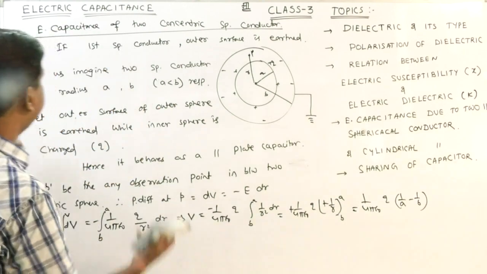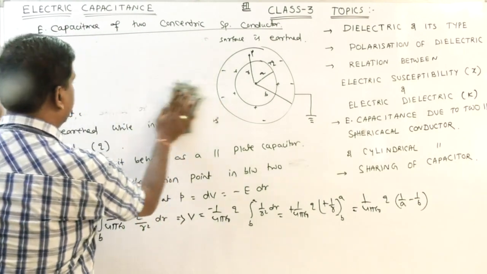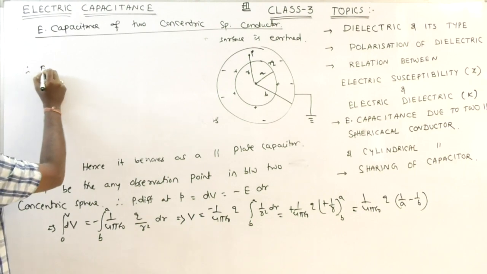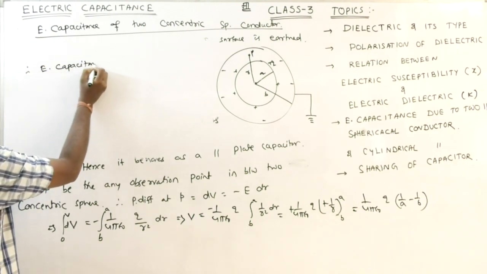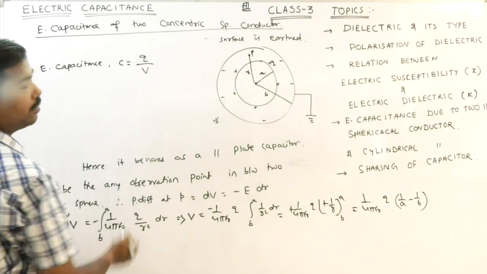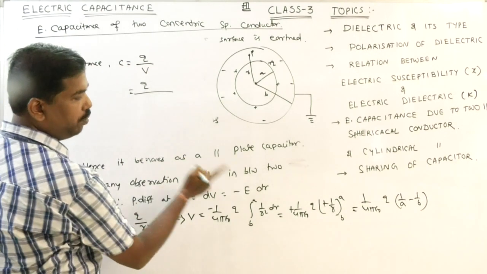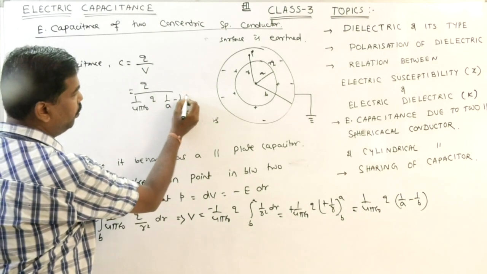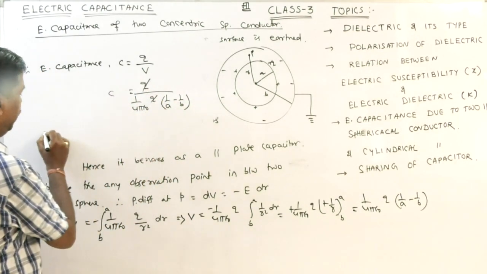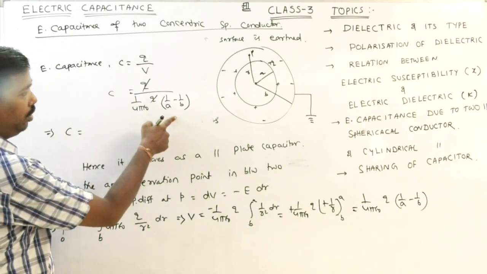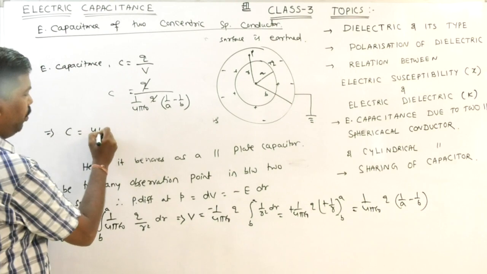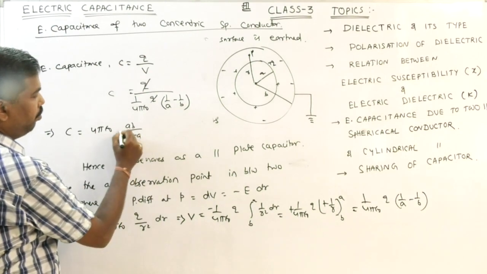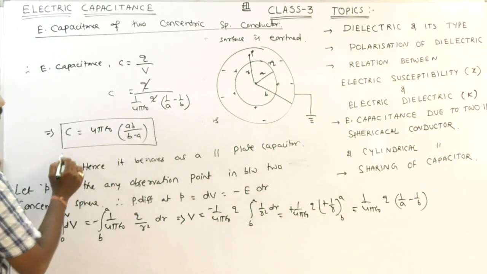Okay. Now the capacitance. Therefore, the electrical capacitance C is equal to Q by V. Q by V is equal to 1 by 4 pi epsilon 0 Q times 1 by A minus 1 by B. Q gets cancelled, and by solving it, 4 pi epsilon 0 goes to the numerator, AB by B minus A. Clear?